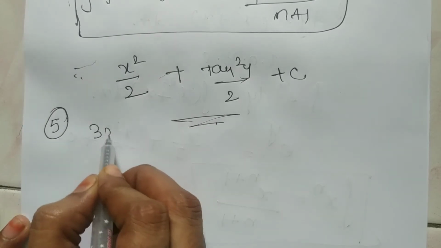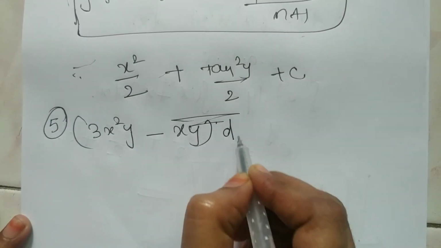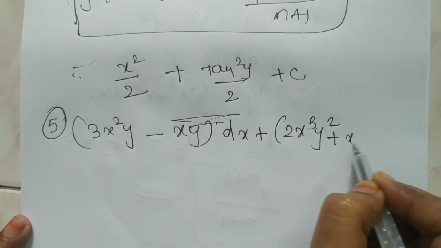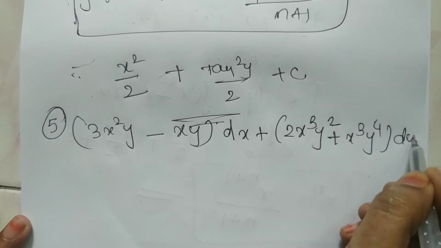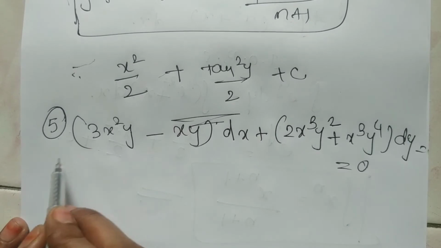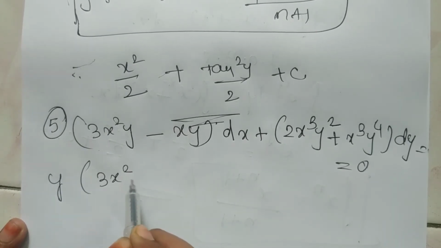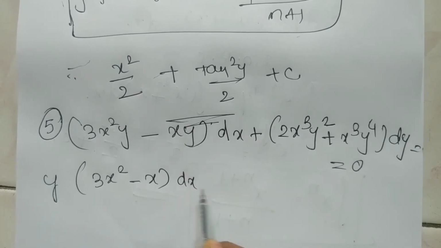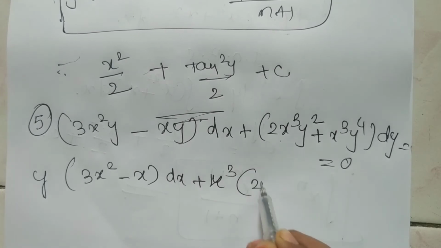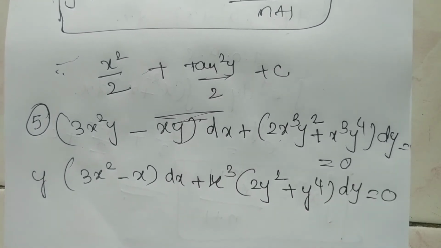Next problem, 3x square y minus xy dx plus 2x cube y square plus x cube y power 4 dy equal to 0. In the first term y is common, so y into 3x square minus x dx plus, in the second term x cube is common, then 2y square plus y power 4 dy equal to 0.